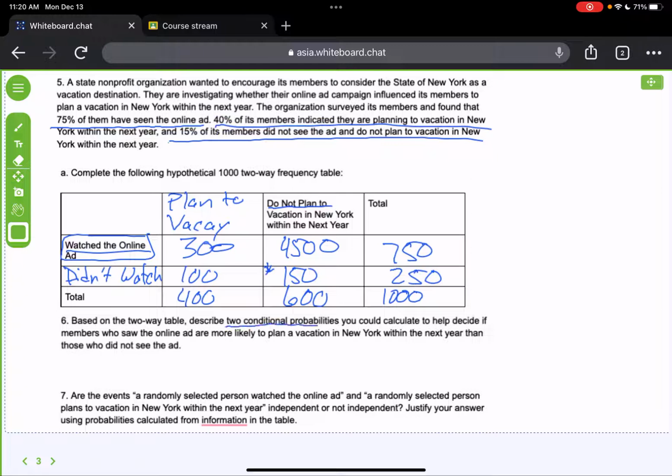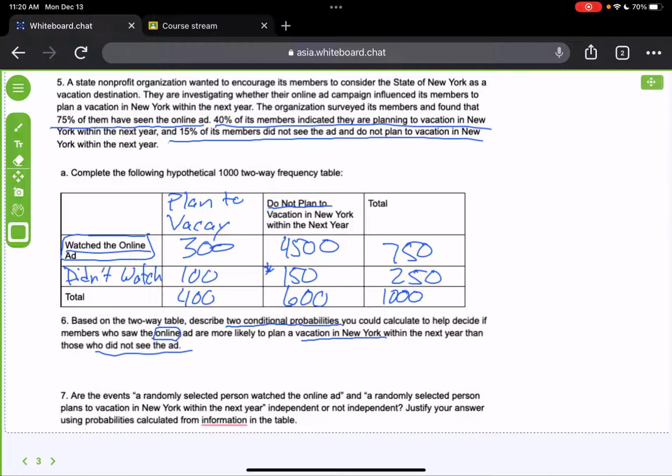We want to come up with two conditional probabilities that we can calculate to decide if members who saw the online ad are more likely to vacation to New York within the next year, and then those who did not. Okay, so what we should be looking at then is the members who watched the ad.